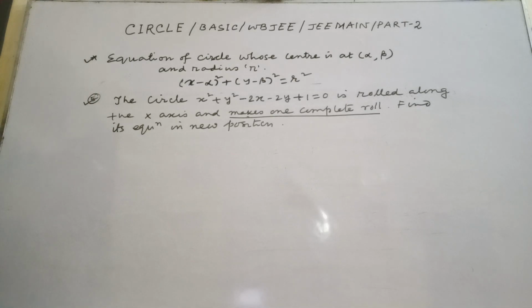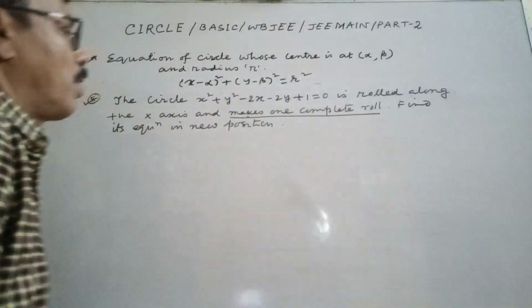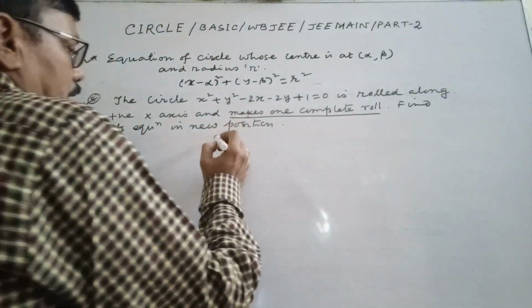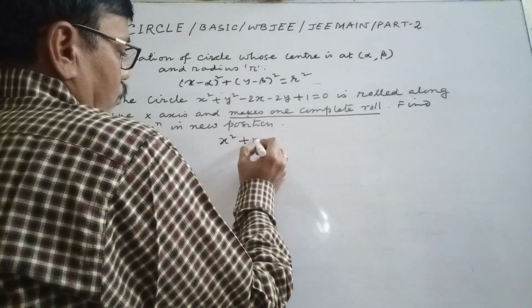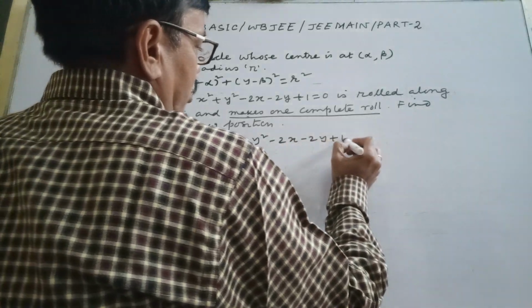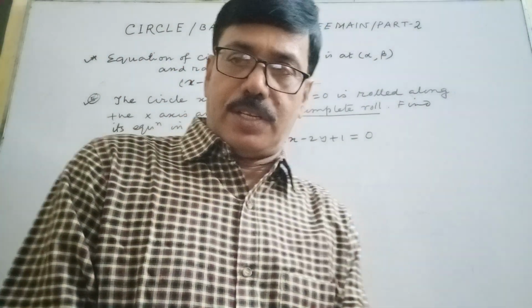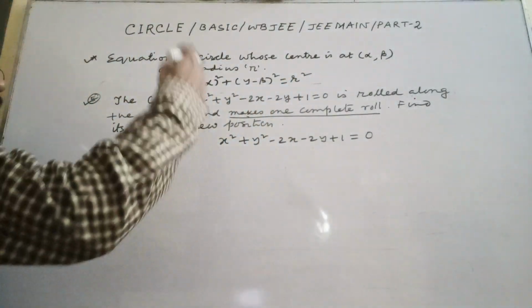So the circle is given. As earlier, we find the center and radius. There is another method also to find center and radius, which is very simple. I will discuss it later.